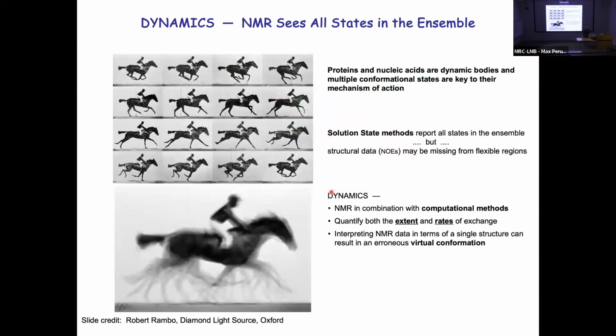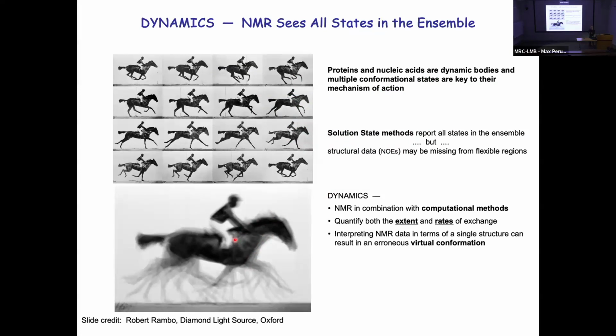So we just said that NMR sees everything that's in there. NMR does see all of the states that are present. So if you've got dynamic states in multiple conformations, illustrated in this slide, you will see effectively all of the states that are in there. And it's very difficult to tease out individual states by NMR directly.